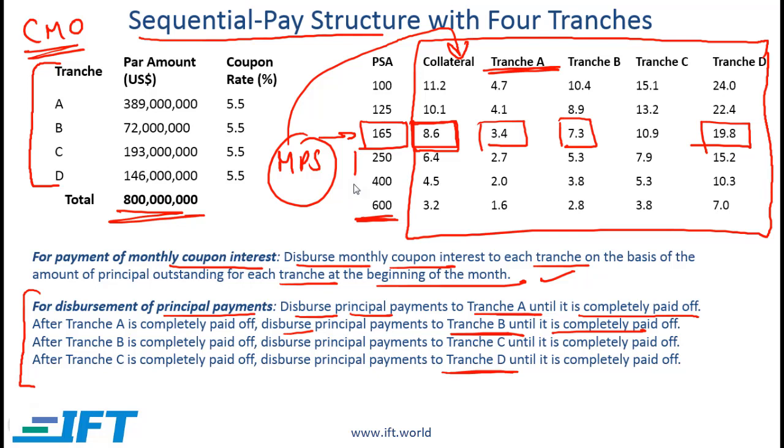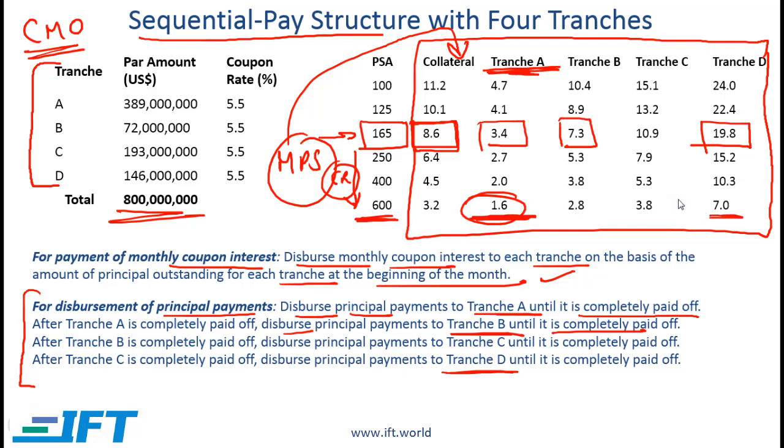Remember, if prepayment rates end up being faster than expected, then we face contraction risk. And notice that with any of these tranches, the life goes down. So tranche A's life is only 1.6 and tranche D's life also comes down.